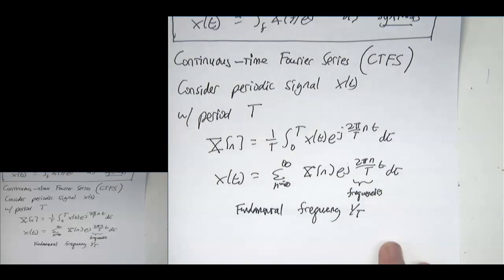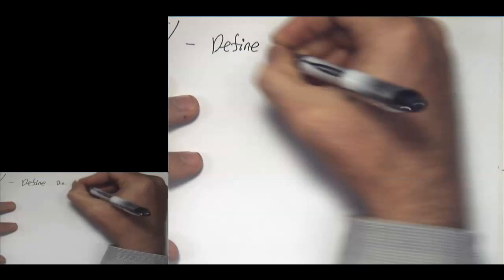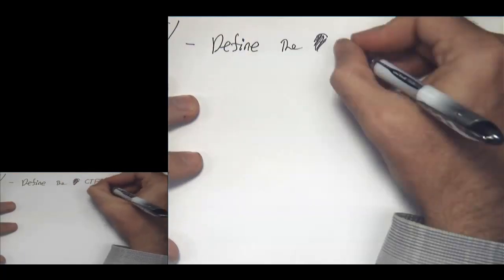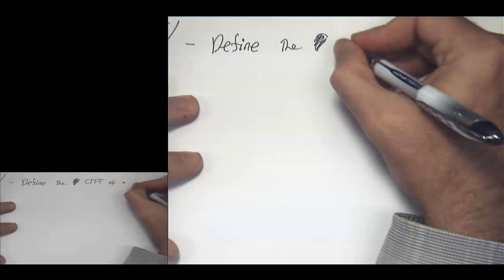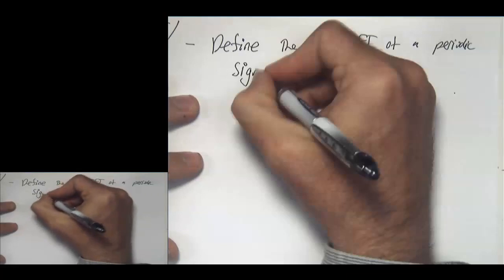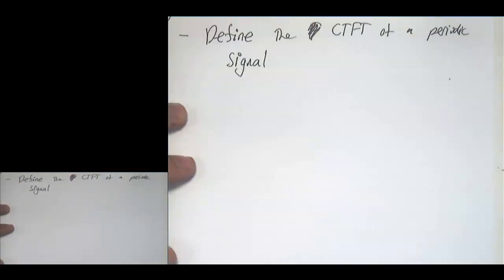Now, where we use this is that we use it to define the continuous time Fourier transform of a periodic signal. Because if you try to take the continuous time Fourier transform of a periodic signal, the integral just blows up, since it's periodic and has infinite energy.